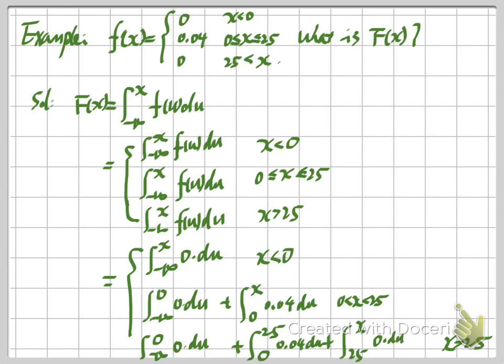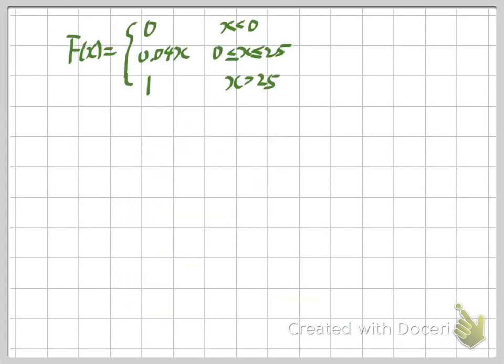Okay, so now what's the final answer for our CDF? We should compute these 3 integrals for the 3 ranges of x, and then the final answer will look like this. So this is how we can compute our CDF.